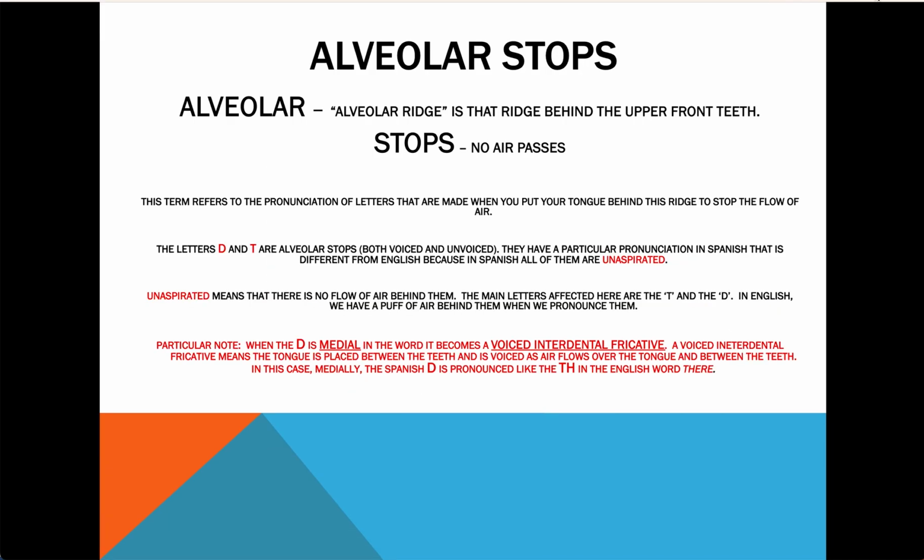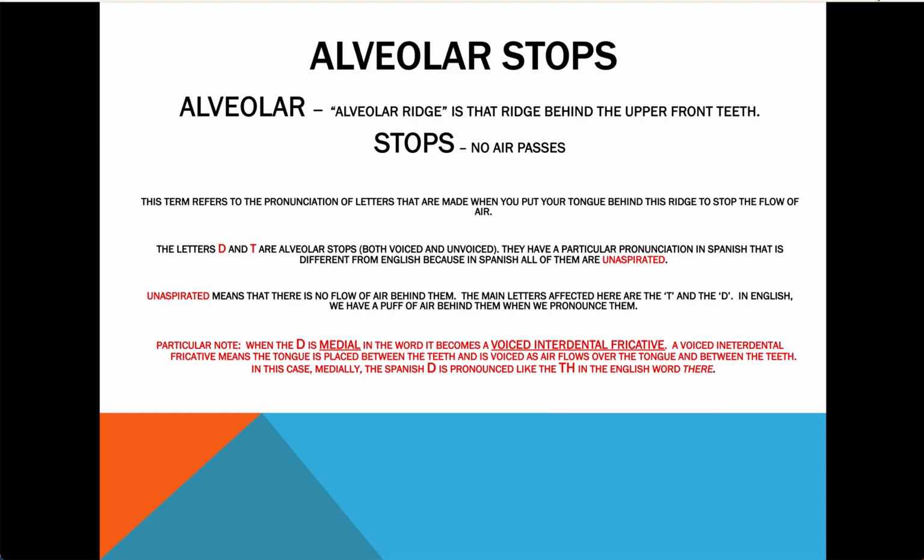Alveolar stops. Alveolar ridge is that ridge behind the upper front teeth. Stops means no air passes. This term refers to the pronunciation of letters that are made when you put your tongue behind this ridge to stop the flow of air. The letters D and T are alveolar stops, both voiced and unvoiced.